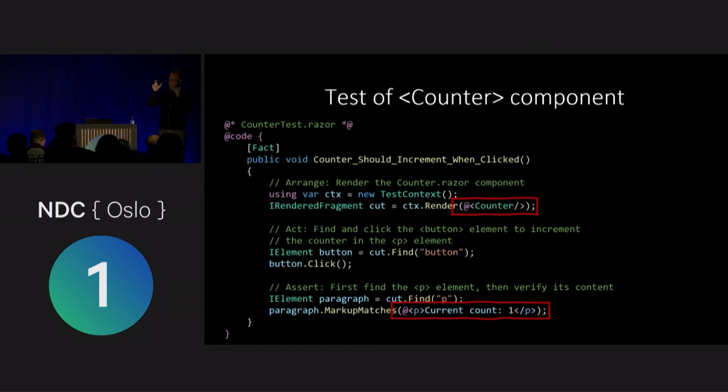That gives us the ability to define our component under test in markup like we see here, and it also gives us the ability to define maybe expected HTML like we see here, with highlighting, with IntelliSense, with autocomplete, and all that help we usually expect to get from the editor, so that's super nice.